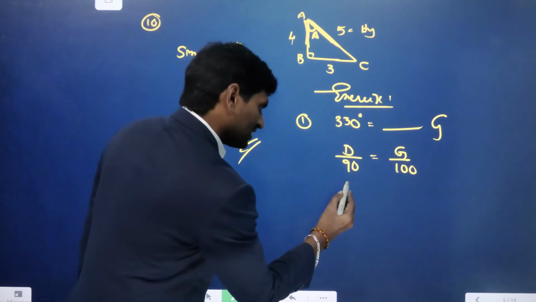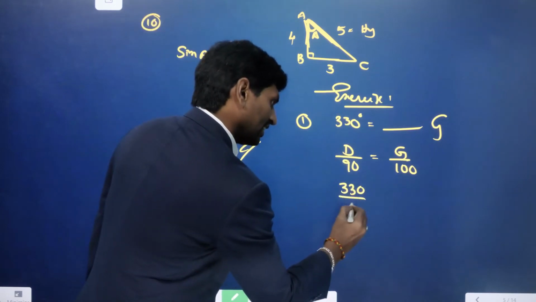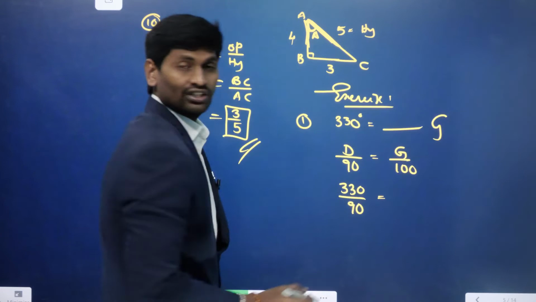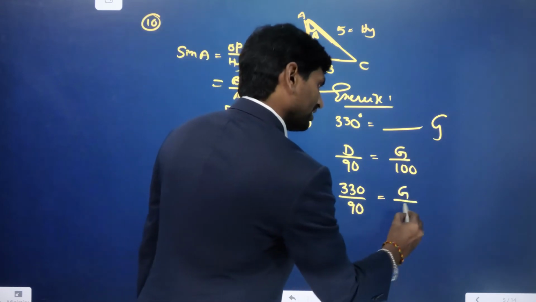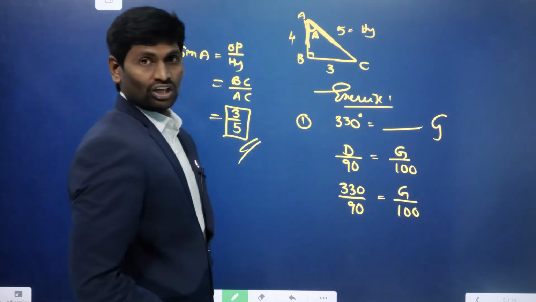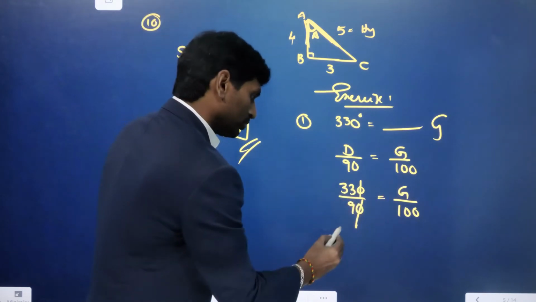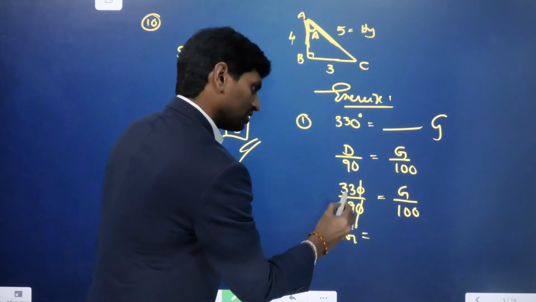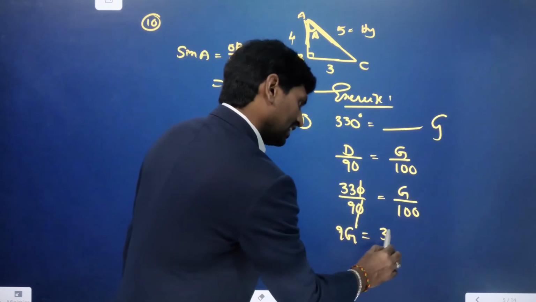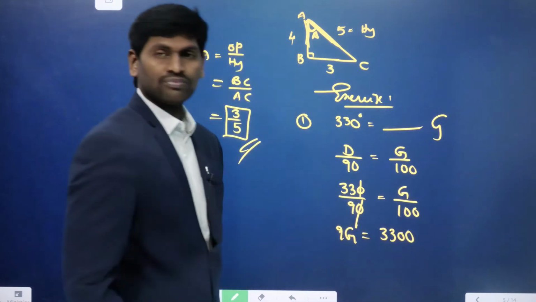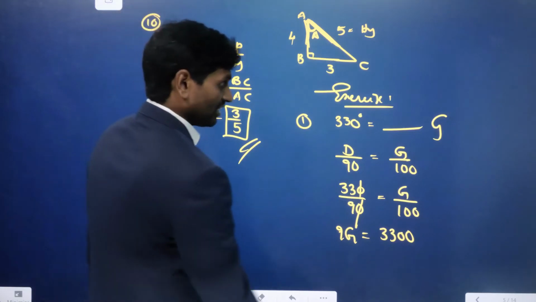So I am taking the degrees 330 here. 330 by 90 equals Z, the value we need to find, by 100. Do cross multiplication. Before that, the 0s cancel. Cross multiplication: 9Z equals 33 into 100, 3300.